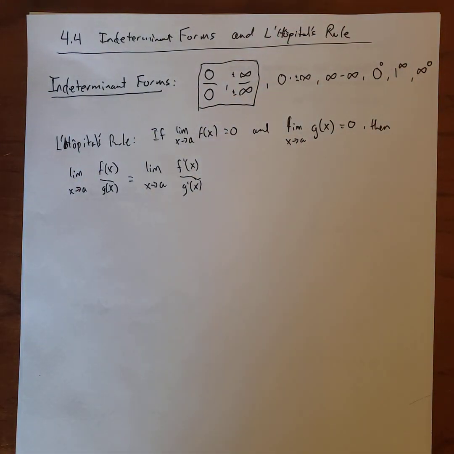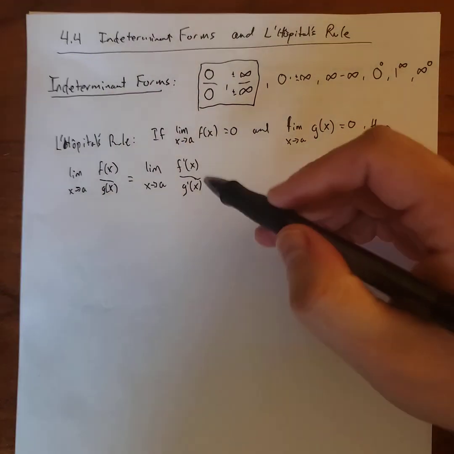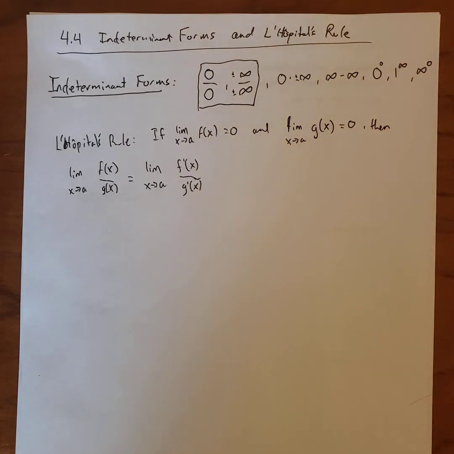Now be careful here, because it kind of feels like we should do something like the quotient rule, since we have a quotient of two functions. We're not trying to find a derivative. We're trying to find a limit, and we're using the derivative to find that limit. So we do take the derivative of the top and the bottom, and then redo this limit.